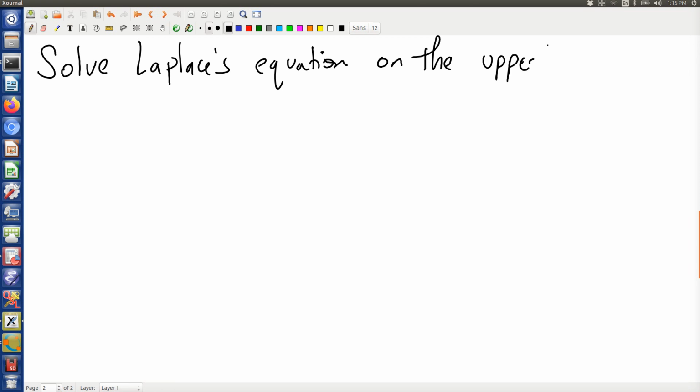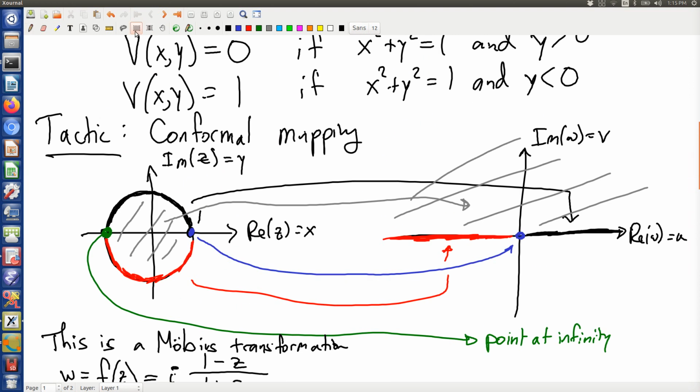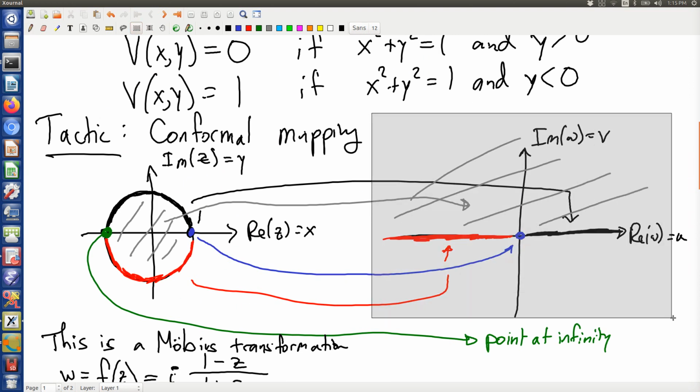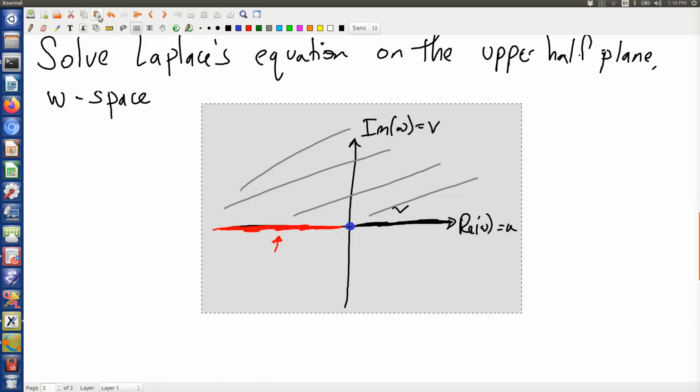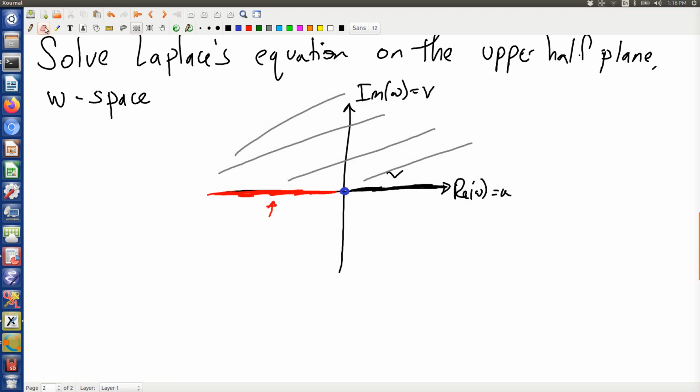So let's solve it on the upper half plane, W space. And the picture in question is this picture here, so let's copy that picture over. And we can write it out formulaically to say that we want our solution, our voltage, V, is a function of u and v.